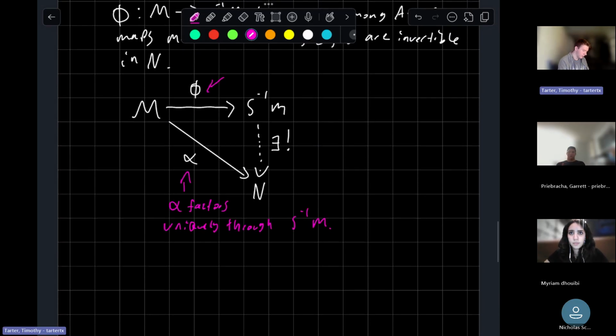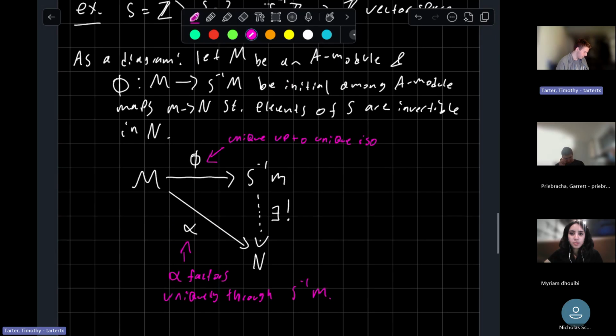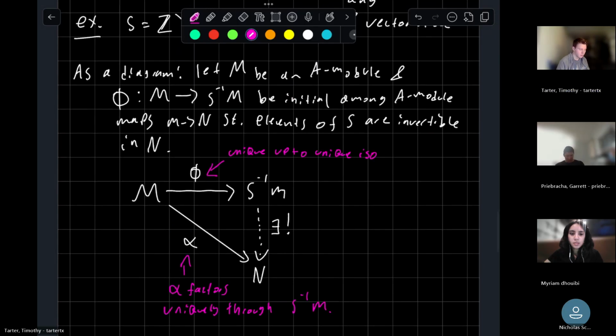And then phi is unique up to unique isomorphism. So, does this make sense? Okay.